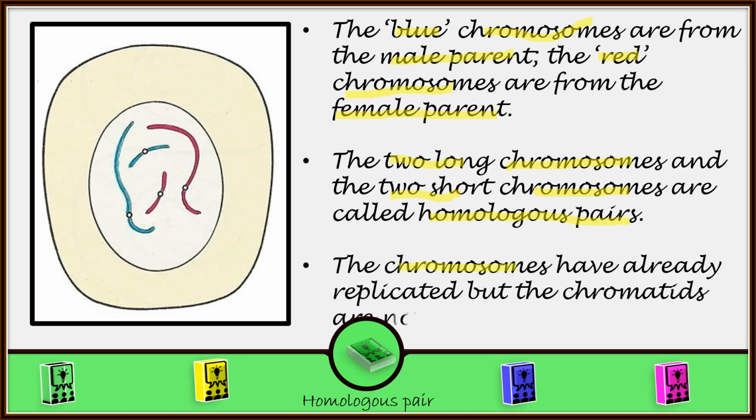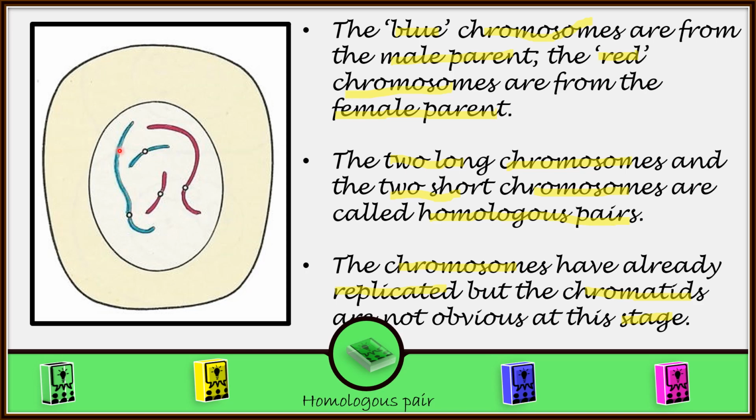So the chromosomes have already replicated, but the chromatids are not obvious at this stage. Now, replication is whereby this chromosome here, which is blue, and this chromosome here, which is red, each is going to replicate. Replicating means it is making a copy of itself.